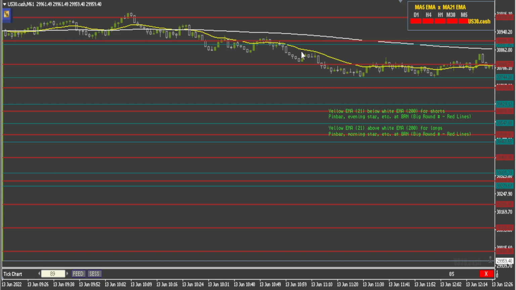If you don't know what a pin bar is, you can go and look that up, but I'm sure we'll come across a few examples here, and I can point it out. They're really easy to spot. And then morning and evening stars, which are also pretty simple to spot. We're just going to use those three price action patterns.